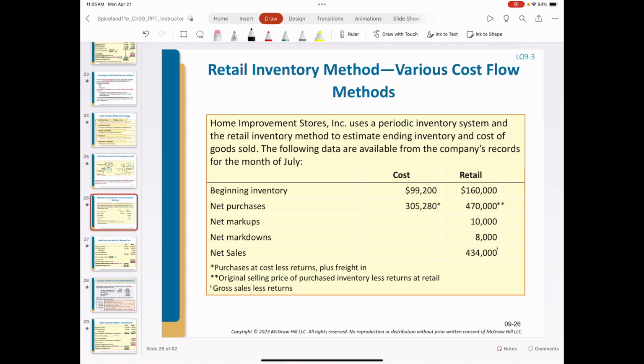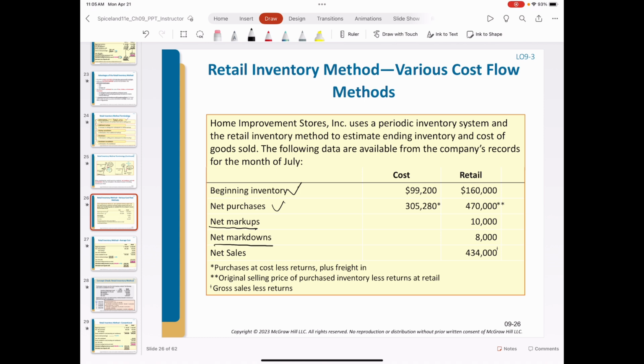We have the cost and retail value of inventory tracked: beginning balance of inventory, both cost and retail, purchase, cost and retail, and net markups, which is the difference between additional markup and markup cancellation.